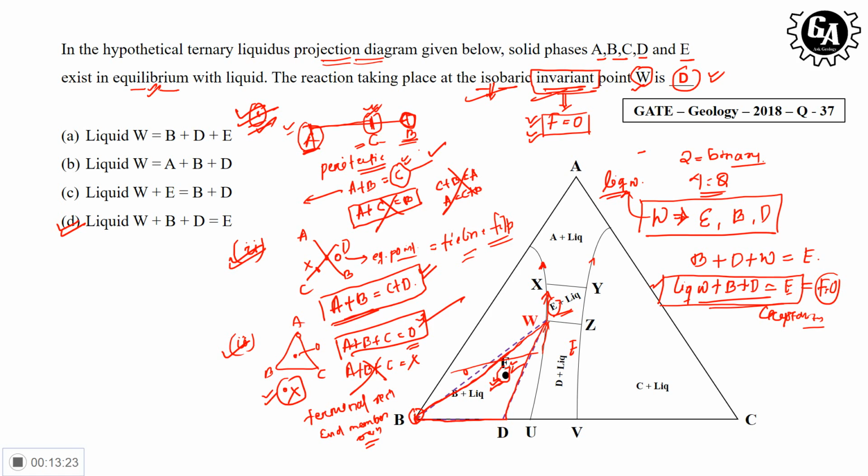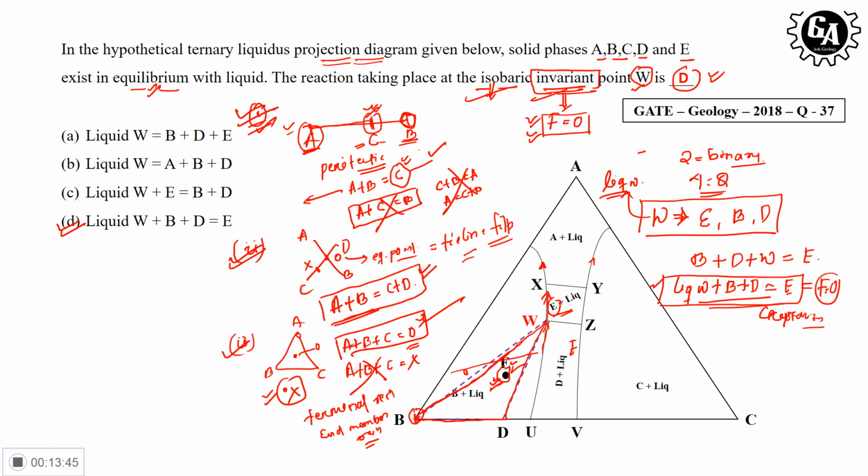So to move, if I am saying that this reaction is crystallization, then the reaction will move from W to X, and to move from W to X, it has to gain some degree of freedom. Right now it is 0, it has to gain something like F to be 1.